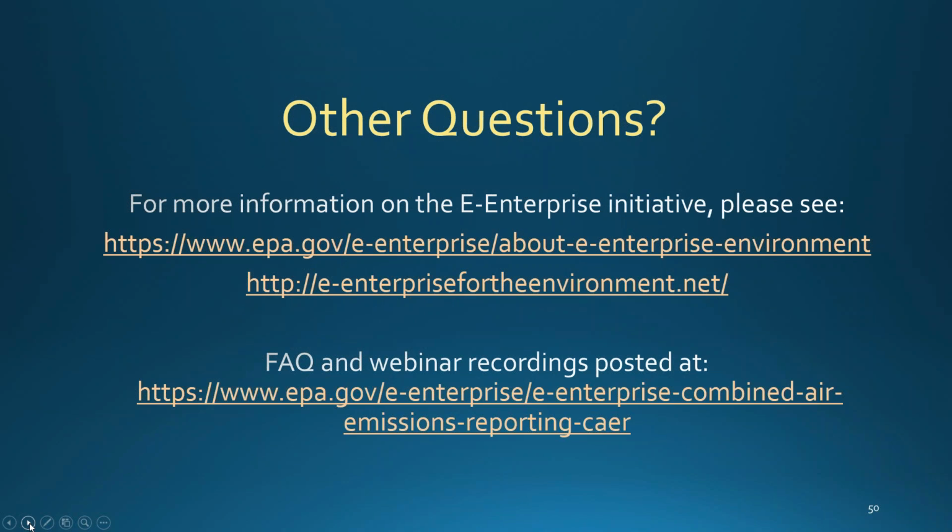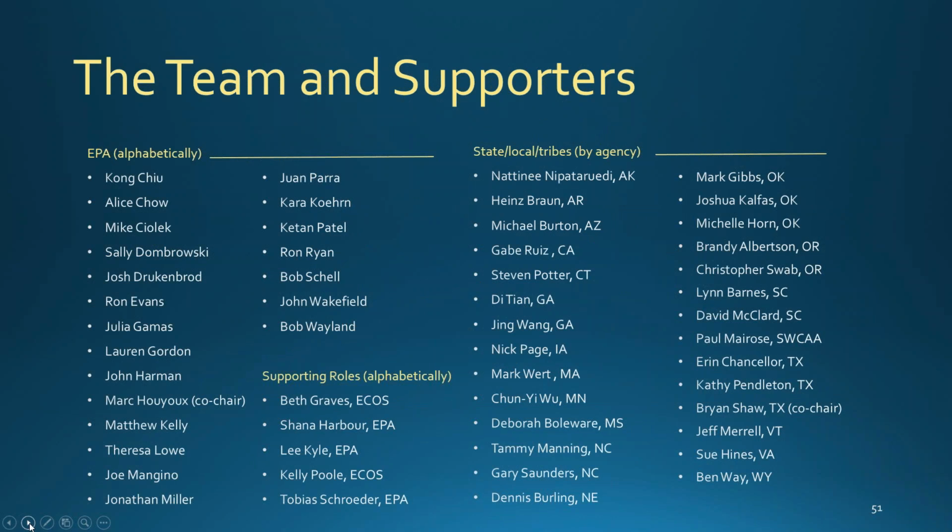And then just on the last slide, just so people get a concept of who all is involved with these projects. This is a list, and I have to note that this is not fully complete, and we have members coming into R&D teams that are not all up on here yet, but this is a list of people that have been involved over the last year from EPA, ECOS, and state, local, and tribal agencies.